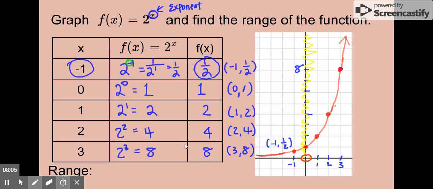So for the notation, 0 is not included, but it includes all the positive numbers up to positive infinity. So 0 to infinity, but 0 is not included.